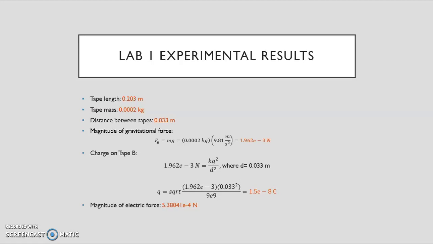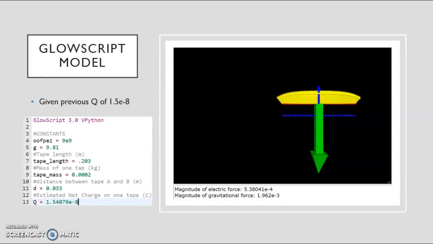And so we're actually going to be using these experimental results for our GlowScript for this lab, specifically the Q that was found, which was 1.5 times 10 to the negative 8 coulombs.